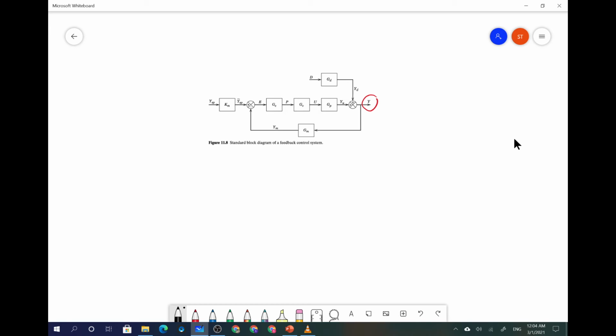As you can see, Y is equal to Yd plus Yu. Just write it as Yu plus Y3. And then we continue.